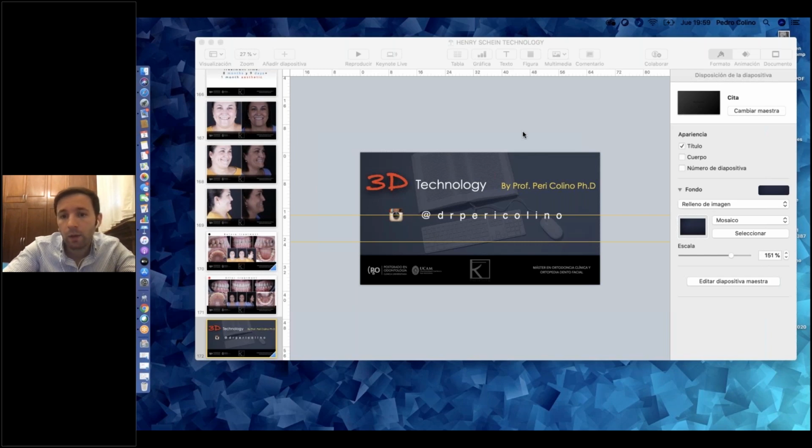I had one last question here. Can you use the class 3 motion elastic protocol in conjunction with the expander on adults? Yes, for sure. There is no problem. You can make the disjunction and you can use the motion, and you are going to change the occlusal plane. You are going to have very, very good advantages when you combine them, better than if you start with brackets.